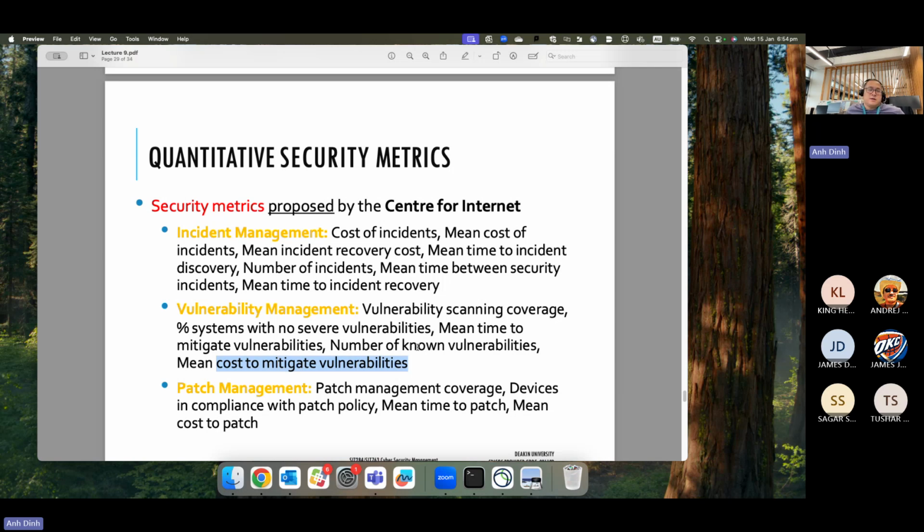The longer it takes to mitigate the vulnerability, the worse it gets, and that is only the direct cost. But the indirect cost could be the effect on the operation of the system as well, right? So all of this can be a contributing factor to compute this metric.